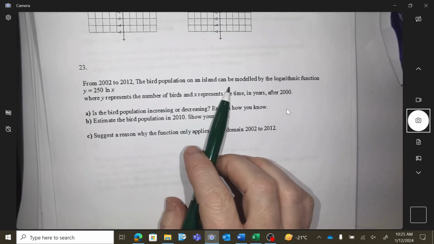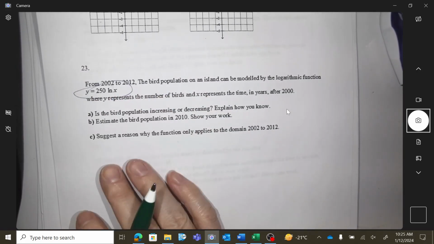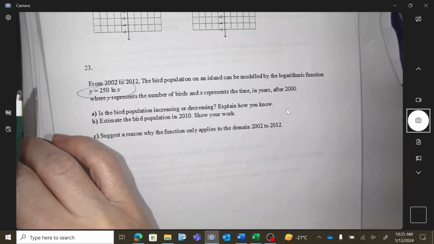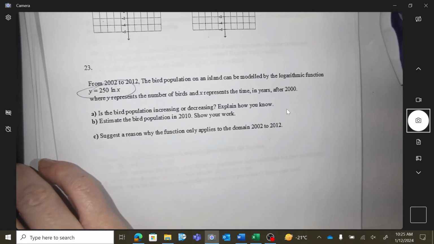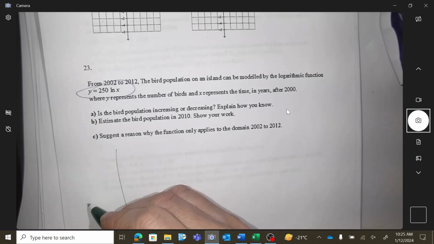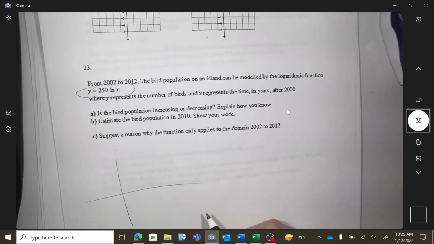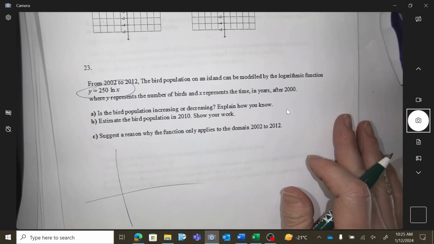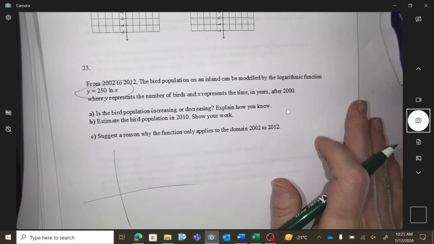Okay, bird population modeled by an ln function. So we're all going back to y equals. Do you know what an ln function should look like?